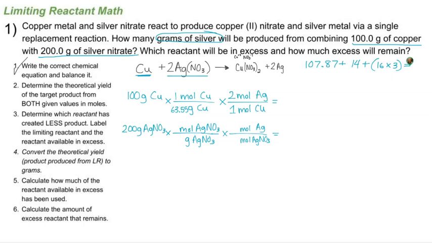If we add all that together, I got approximately 169.87, so I'll round that to 169.9 grams in 1 mole. And then our mole to mole ratio, we'll come back to our equation. AgNO3 has a 2 in front of it, so I'll put a 2 on the bottom of my conversion factor. And of course we already checked for silver, and it's 2 moles of silver.